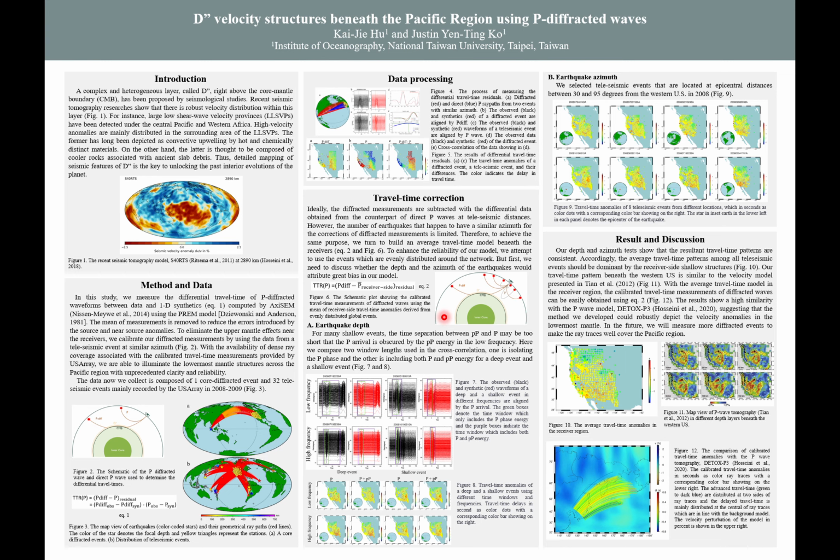However, due to earthquakes occurring unevenly in the world, it's hard to get the direct P wave at the test seismic distance for calibration. Therefore, we collect numerous test seismic events to build the average travel time model beneath the receivers for calibration, which can also be seen in figure 6 and equation 2, here and here.